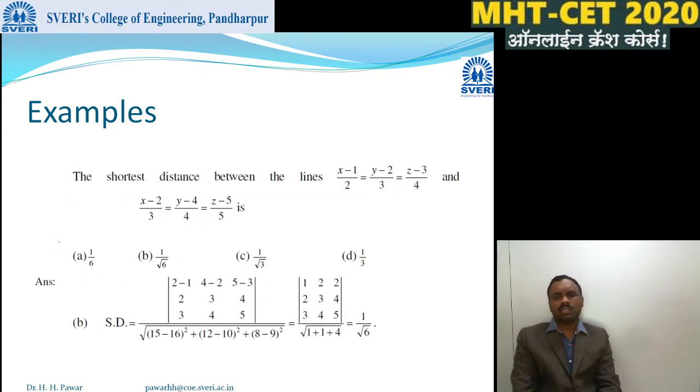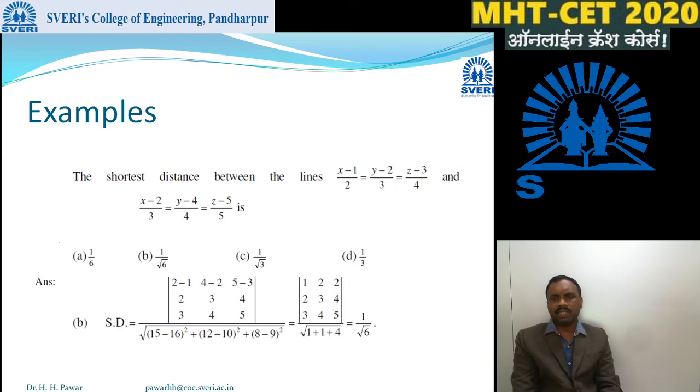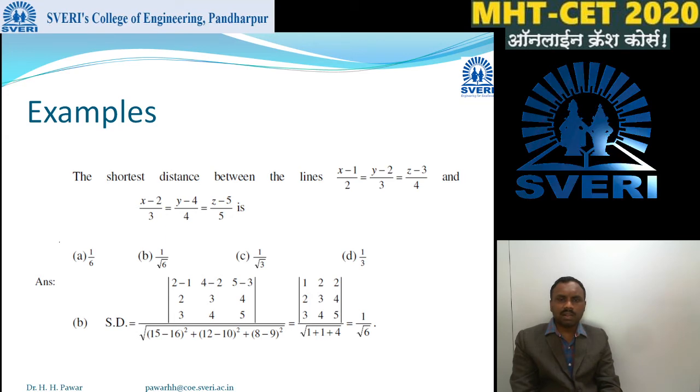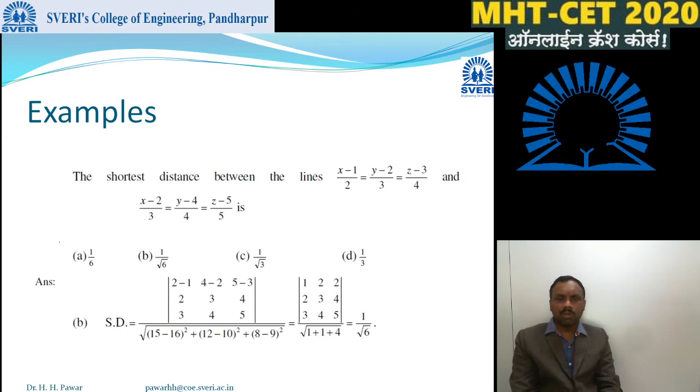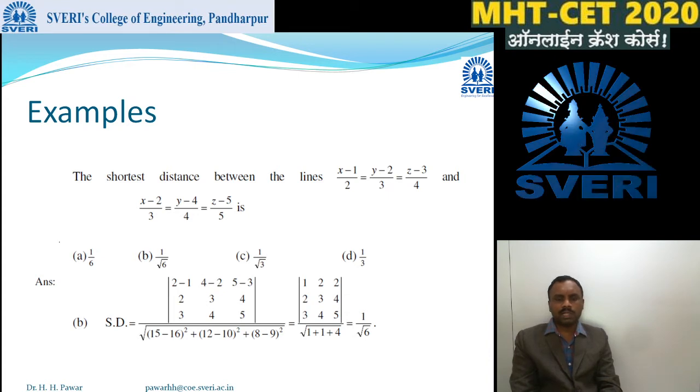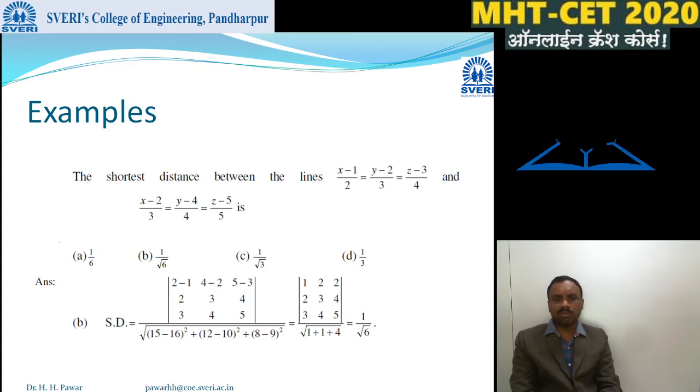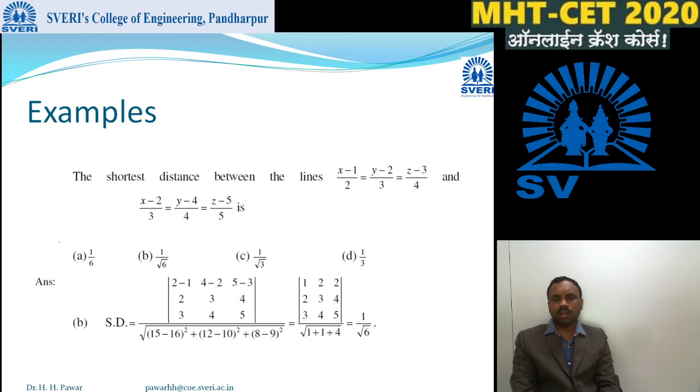Next one: the shortest distance between the lines (x minus 1) upon 2 is equal to (y minus 2) upon 3 is equal to (z minus 3) upon 4, and (x minus 2) upon 3 equal to (y minus 4) upon 4 equal to (z minus 5) upon 5 is: first option is 1 by 6, second option is 1 by root 6, third one is 1 upon root 3, fourth one is 1 by 3.